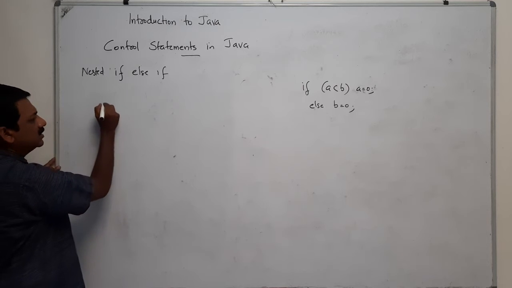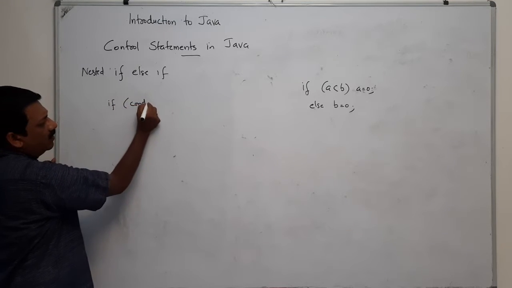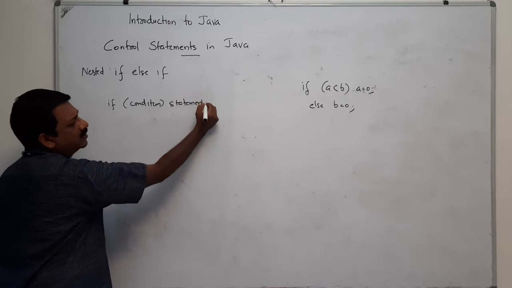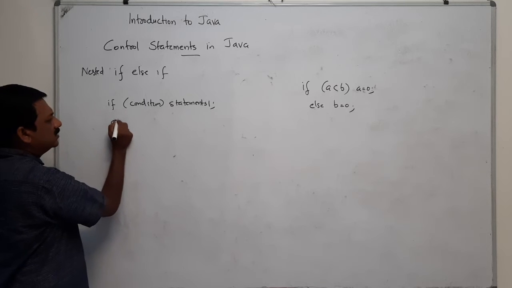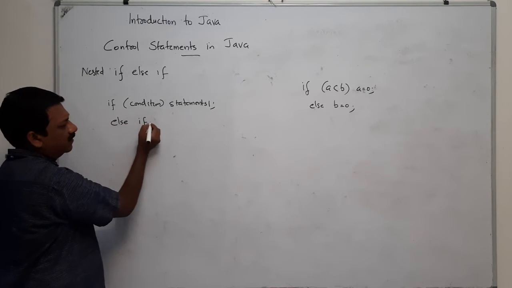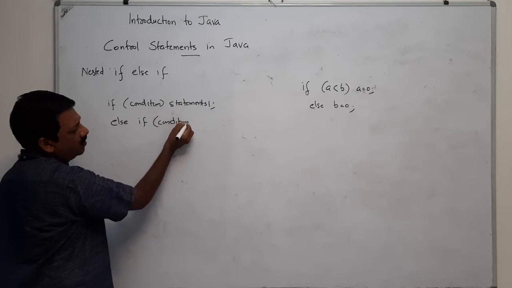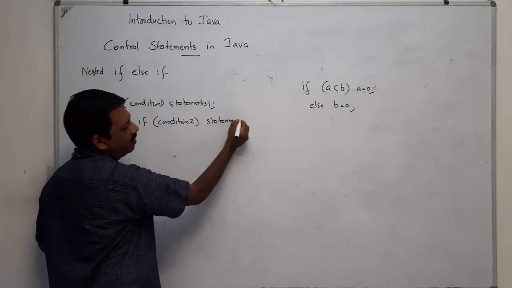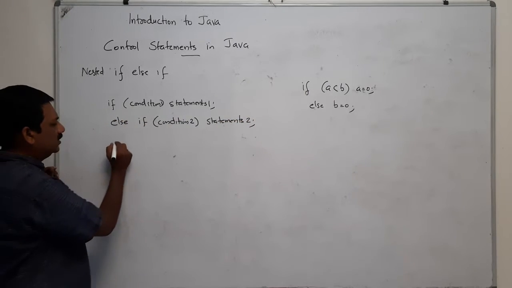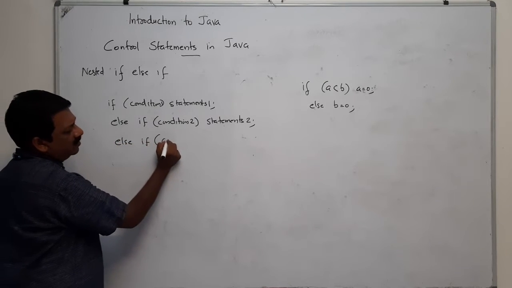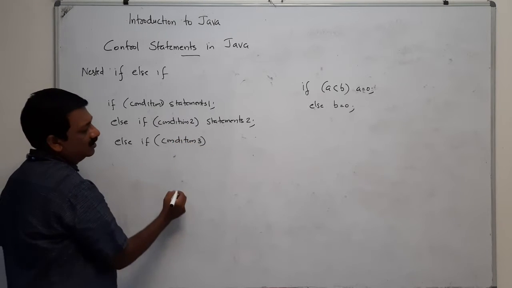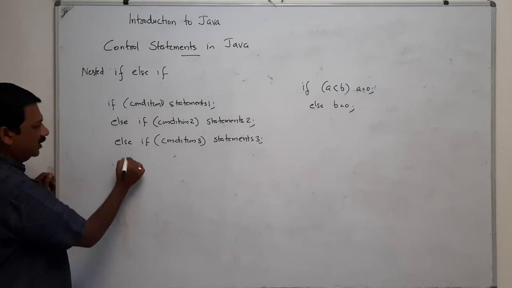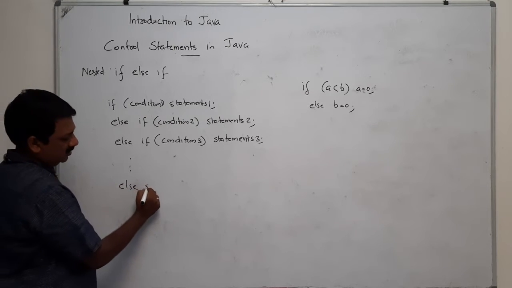For example, the sequence is like this: if condition 1, statements set 1, else if condition 2, statements 2, else if condition 3, statements 3, and so on, else statements n.